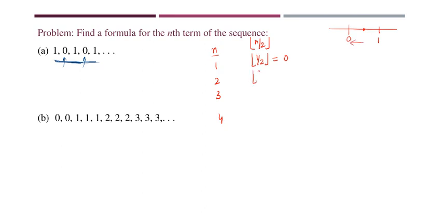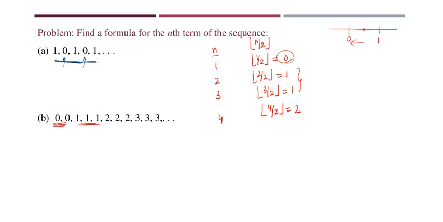Floor function of 2 by 2 will be 1. Floor function of 3 by 2 will be 1. Floor function of 4 by 2 will be 2. So I'm not getting that order. I have 0 once and 1 twice, but I wanted 0 twice and 1 thrice.